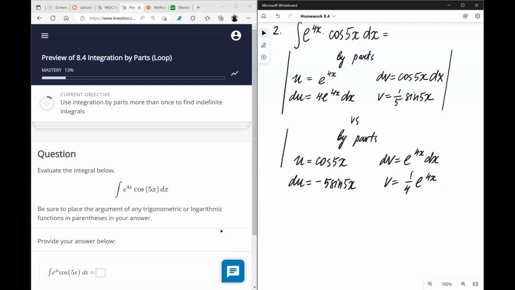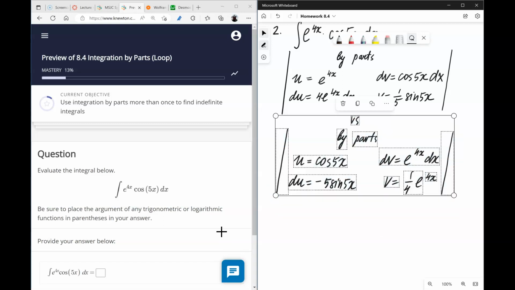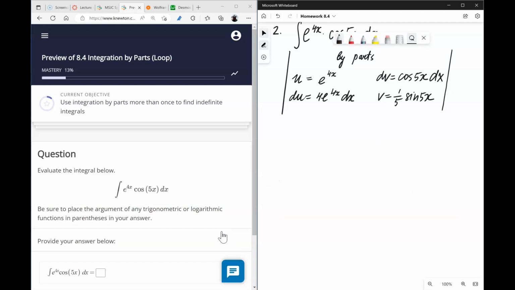As long as you are consistent and set up your second integration by parts exactly the same way, you'll get exactly the same answer. I'm going to stick with my original choice, so I'm going to remove this, but it would have worked exactly the same way.